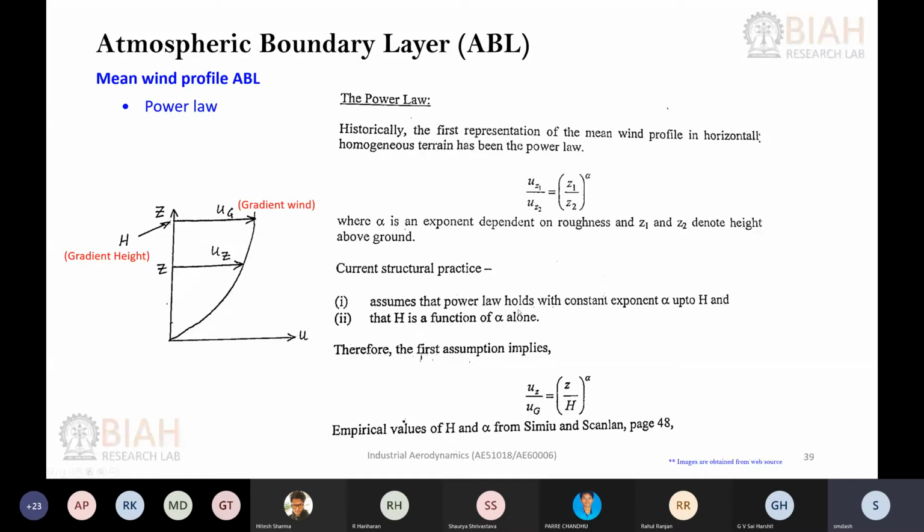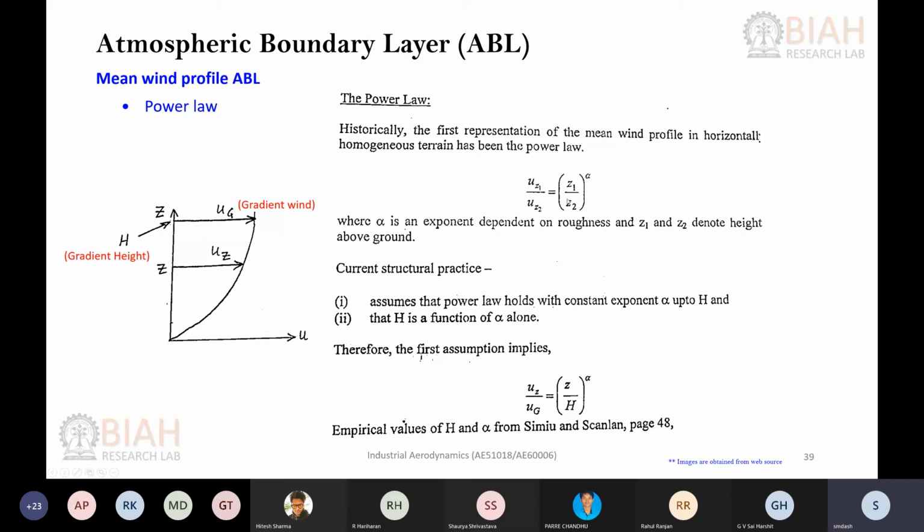The first assumption is that the power law holds good with constant exponent alpha up to h. So alpha doesn't change up to your gradient height. Okay, so that is one of the assumptions, and h is only a function of alpha. It doesn't depend on any other thing. Okay, so these two are the major assumptions for the power law velocity profile that you need to remember.